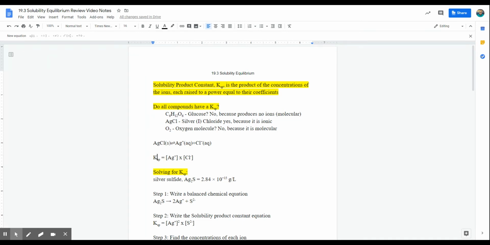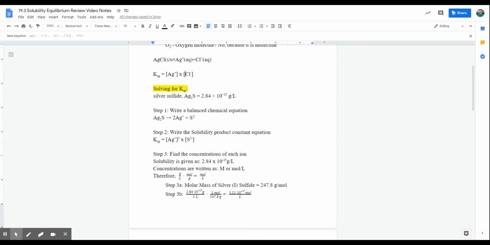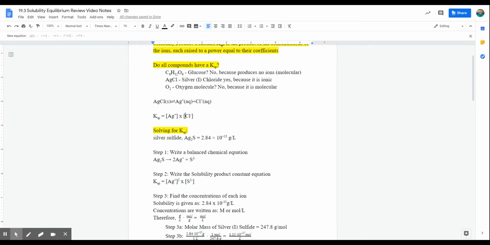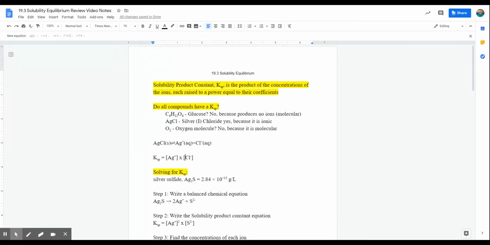So then when you write the solubility product constant, you get the concentration of silver ions times the concentration of chloride ions. This is how you would write it right here.